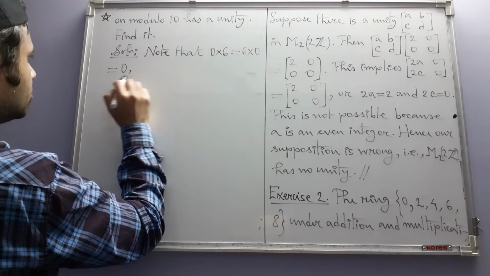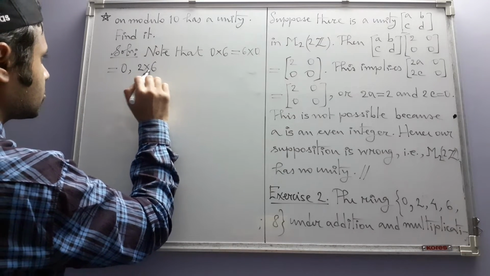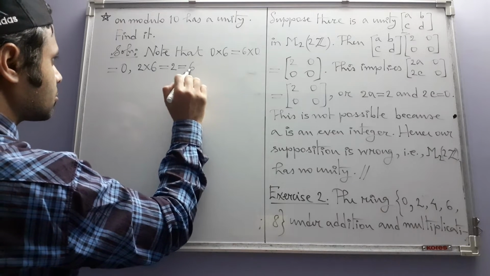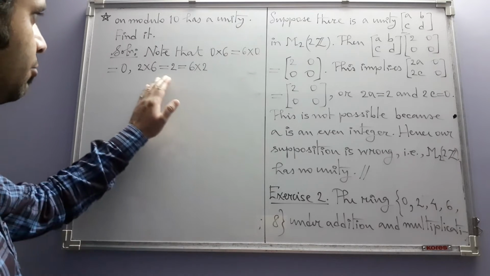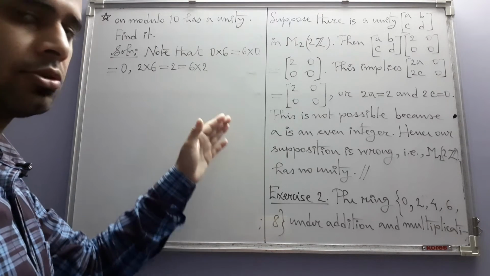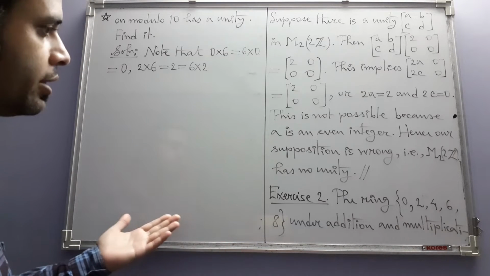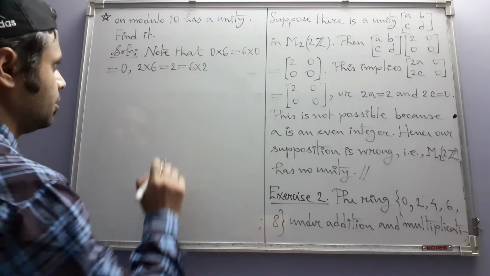So this is 0. For these calculations there is no need to consider addition mod 10. Multiplication mod 10 is commutative, so these two things are equal.